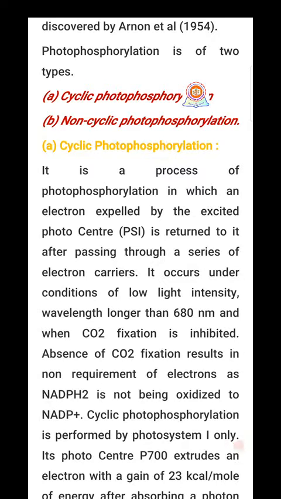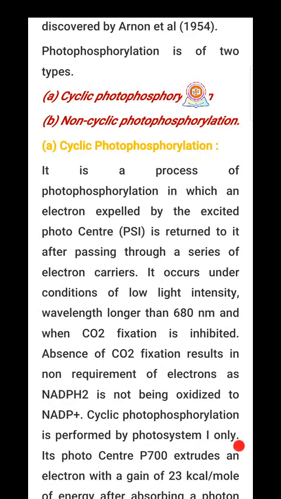The electron expelled from photosystem 1 passes through a series of electron carriers, and finally the electron comes back to the original place. That is cyclic photophosphorylation.